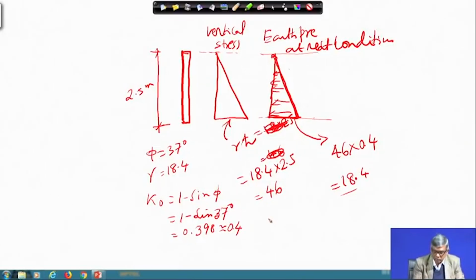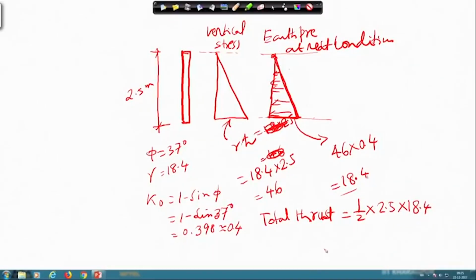And so, there will be total thrust, which will be equal to the area of this diagram. So, area will be half multiplied by height, 2.5, multiplied by 18.4. This is the pressure.